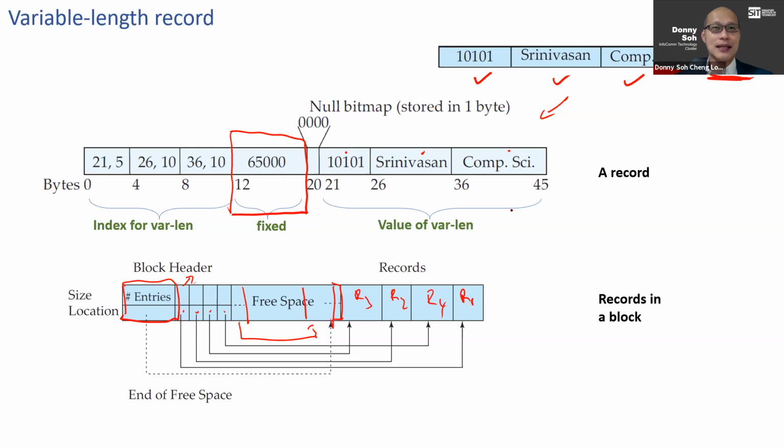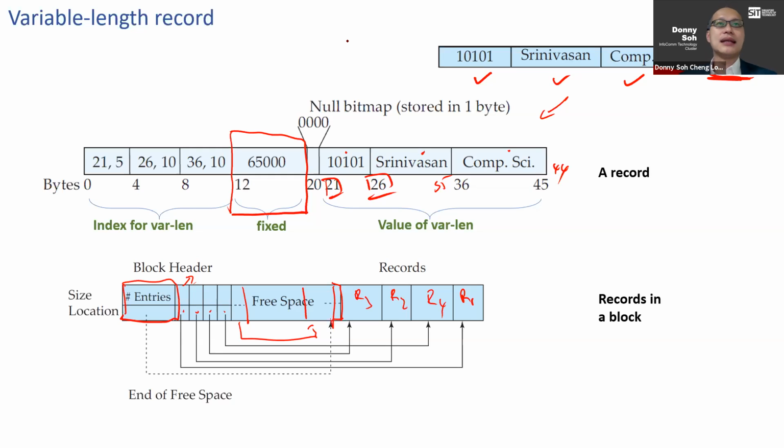In this example, they are stored from 21 to 26. And then Srinivasan is stored from 21 to 25, 26 to 35, and 36 to 44. So this is how they are being stored.